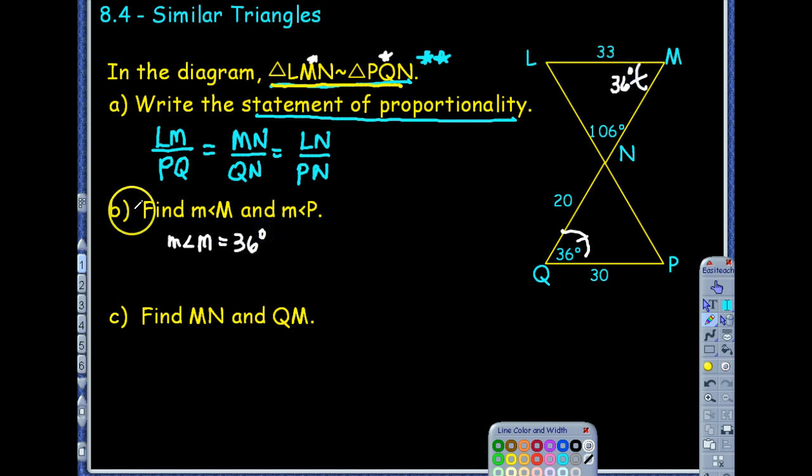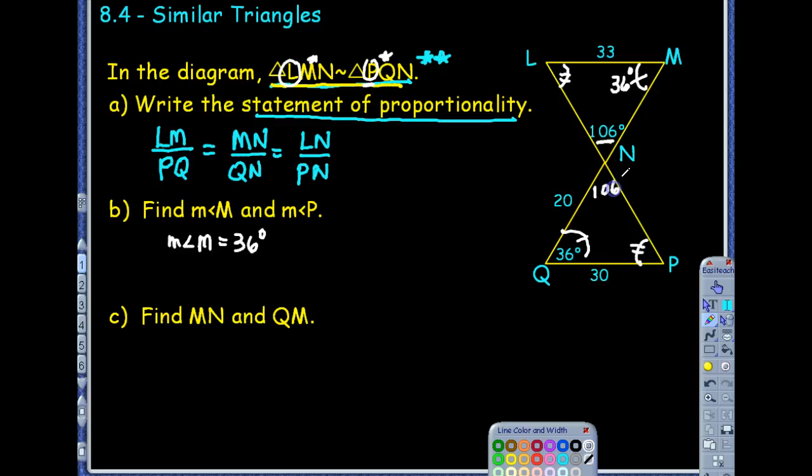What about angle P? Looking back at my similarity statement, angle P and angle L correspond with each other, so they should be congruent, but I don't have a P or an L. So I go back to my picture and notice that angle MNL is 106. I could find the measure of angle L, or I could say its vertical angle is also 106 to help me find P. Either way.